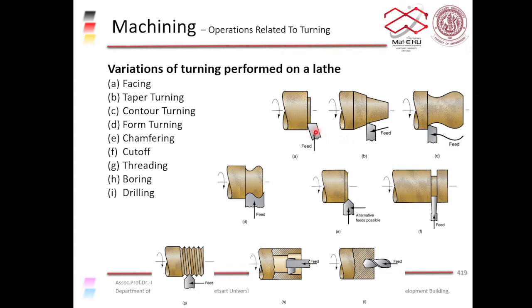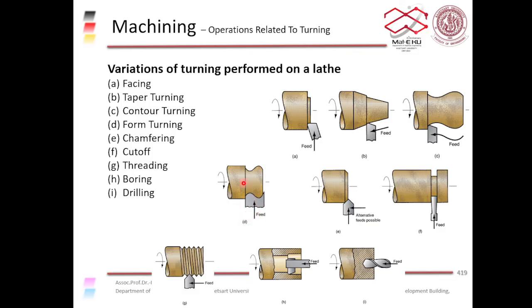Turning is producing a taper surface, or contour turning, like in this case here where you have a contour, right? And form turning is a forming process, not generating a surface, right?